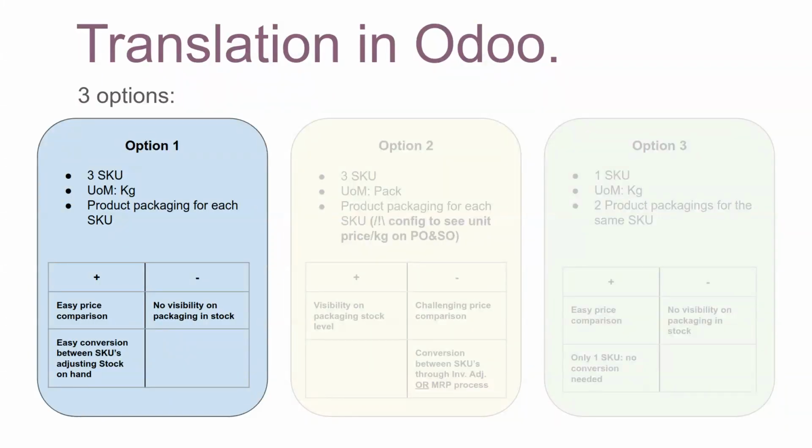The first option is actually to create three different SKUs, meaning three different products, to use the kilogram as unique unit of measure. And it's also a good idea to take advantage of product packaging's new features of V15 for each of the products.